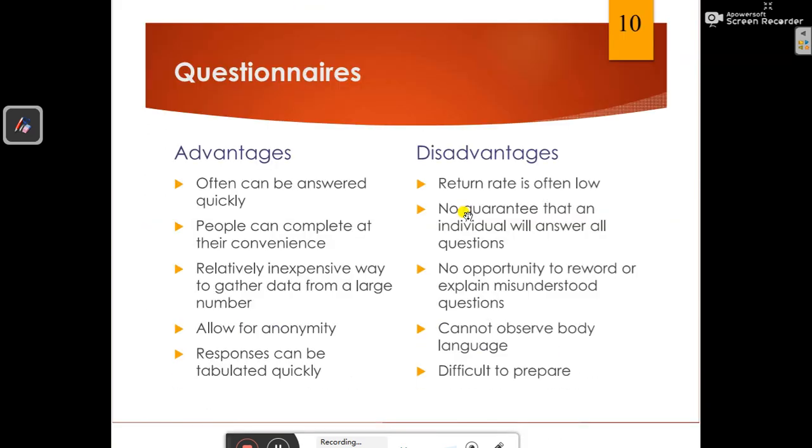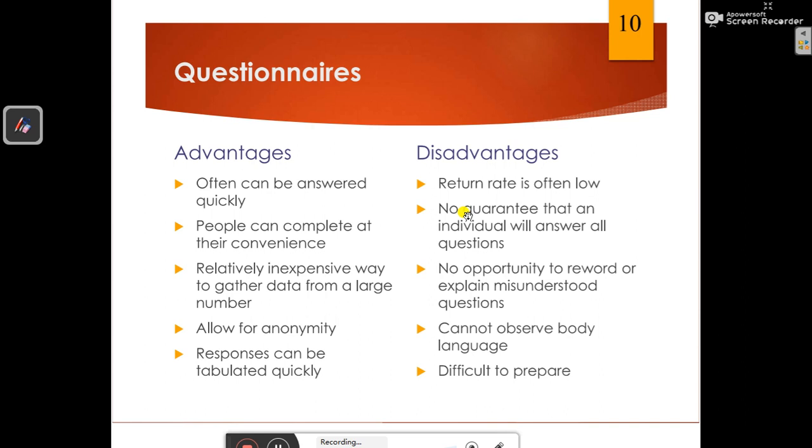There are advantages and disadvantages among questionnaires. Advantages are that they can often be answered quickly, and people can complete them at their convenience. It is a relatively inexpensive way to gather data from a large number of people. They allow for anonymity, and that is a very important point. Through a questionnaire you can hide the information of the respondent, and in that way it creates good data.